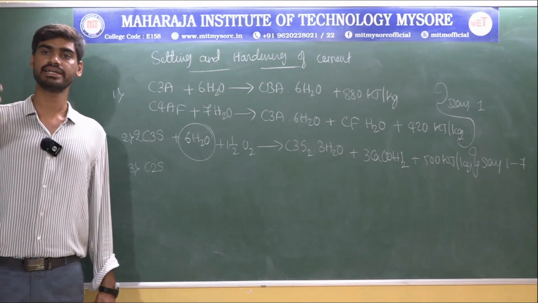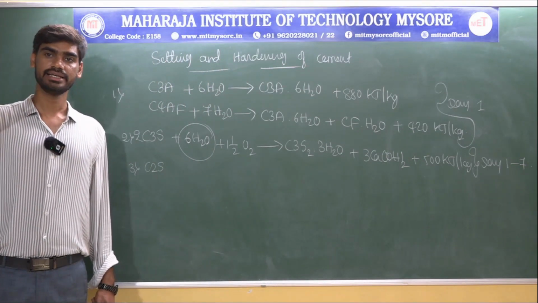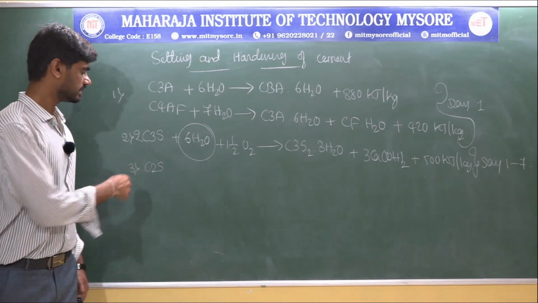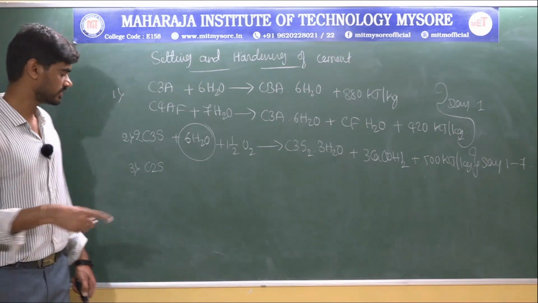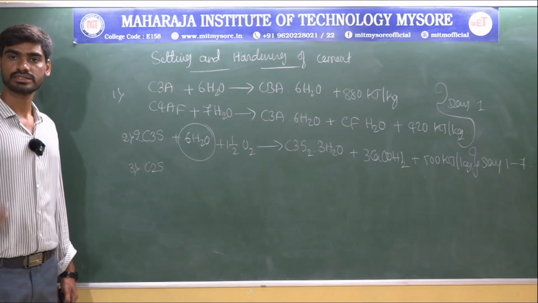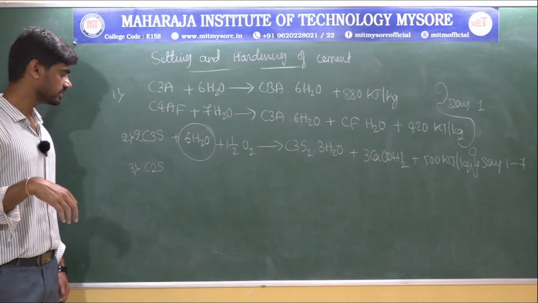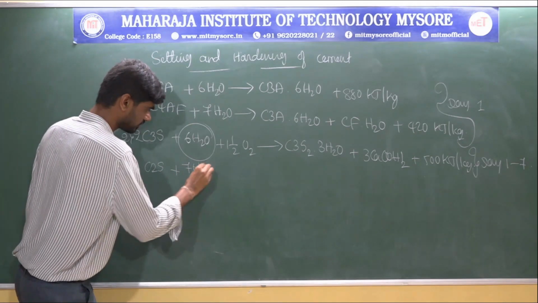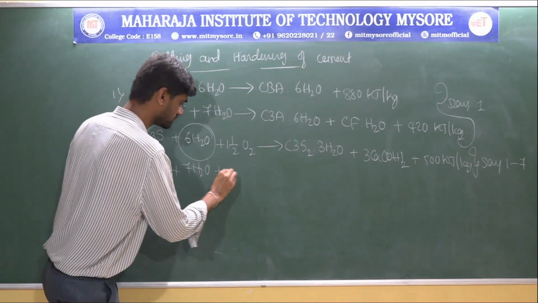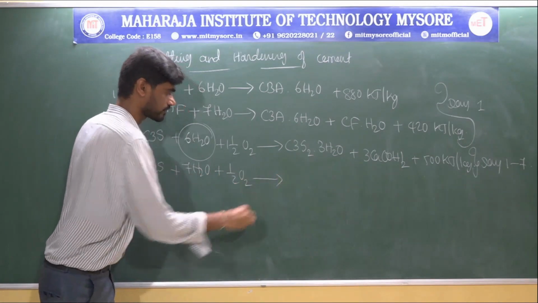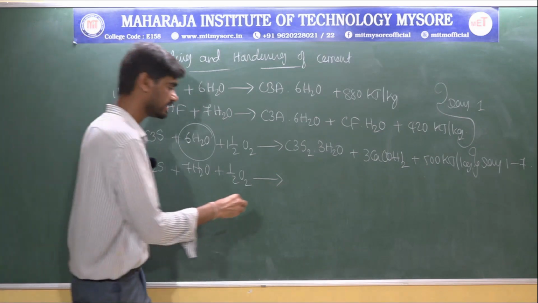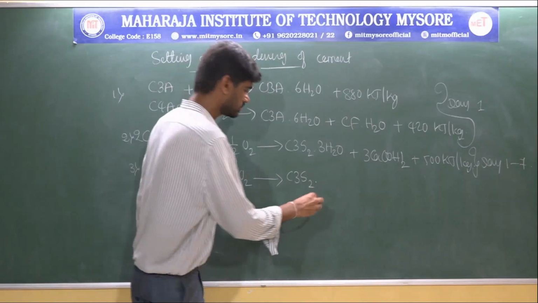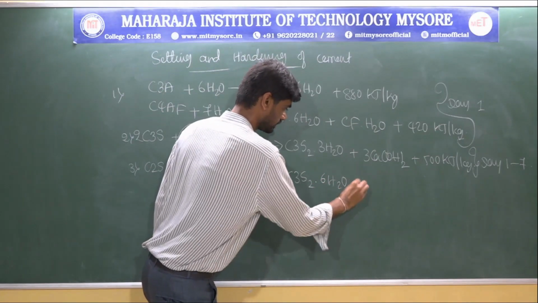So the setting and hardening of cement from day 7 to day 28 is mainly caused by the hydration of C2S. So when the C2S content of cement is hydrolyzed, in the presence of oxygen O2, it gives rise to C3S2 6H2.